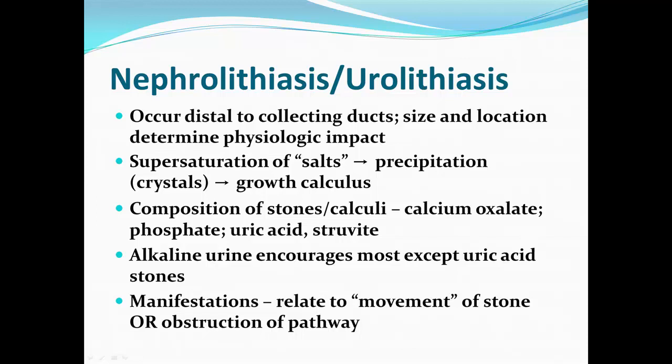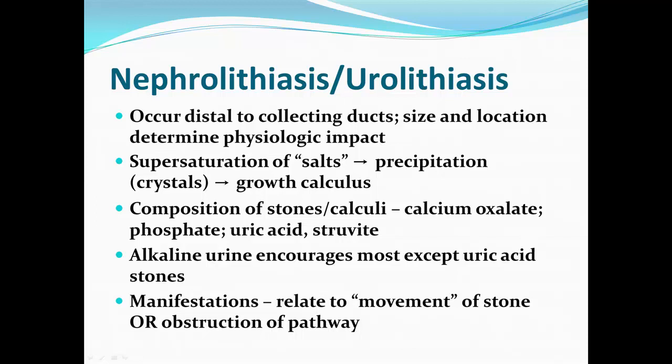Some of the inhibitors to stone development include potassium citrate and magnesium. So it really is all about the substances coming together. And these stones actually become embedded in a mucoprotein matrix that then continues to allow them to grow, develop, and cause trouble.